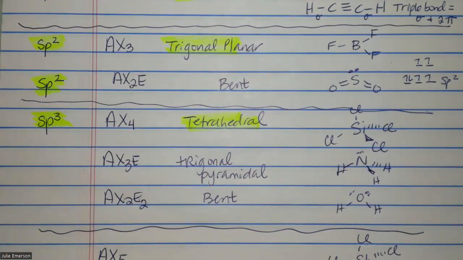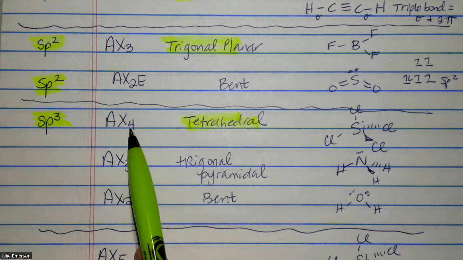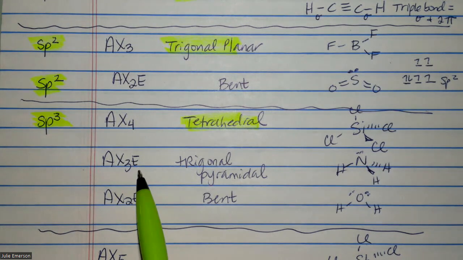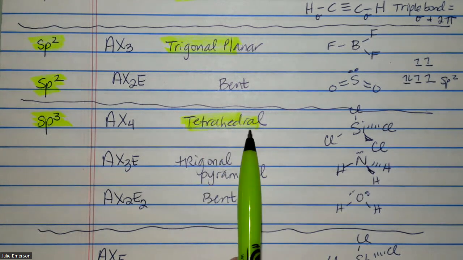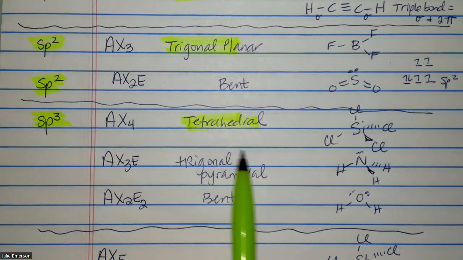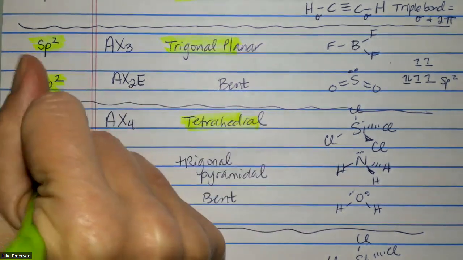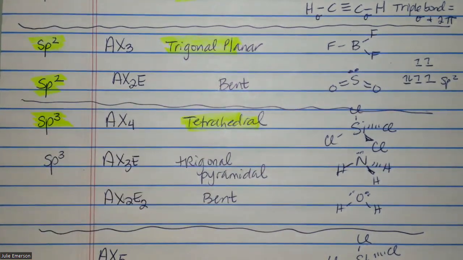Now, within that, if I swap one of those bonding sites for a lone pair like we did with ammonia, there's still 1, 2, 3, 4 total electron groups. So it's still tetrahedral for the electron group. The shape is trigonal pyramidal, but the orbital hybridization is the same, still sp3.